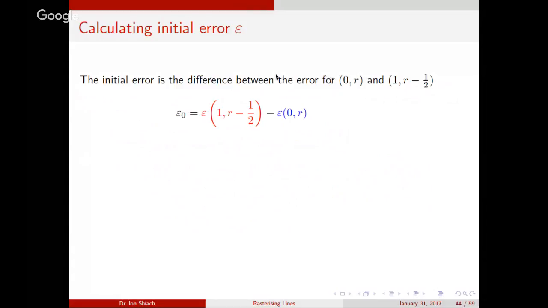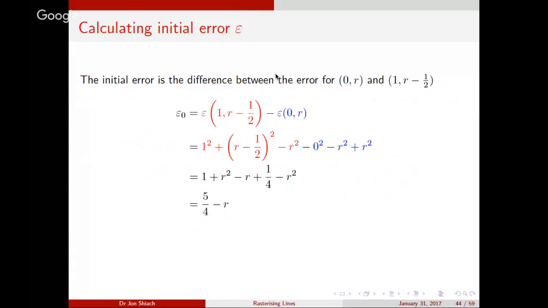So our initial error is going to be the difference between those 2 points. That's your x squared plus y squared minus r squared. So that one, that's your x squared plus y squared minus r squared. And the r squares cancel out, and we get 5 over 4 minus r.